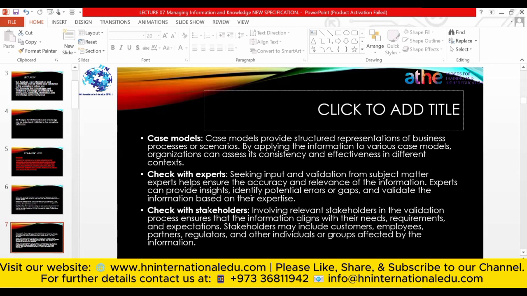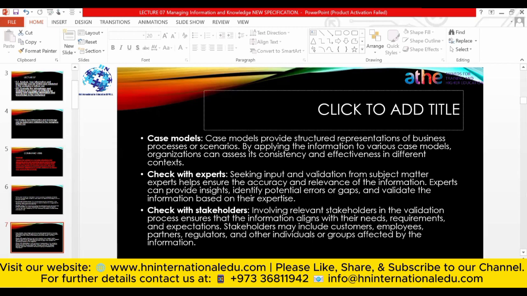Check with the stakeholders. Stakeholders are the people who have a say in the organization, whether in decision making or in any aspect related to the organization. These are the board of directors, managers, consumers, suppliers, and the workers.